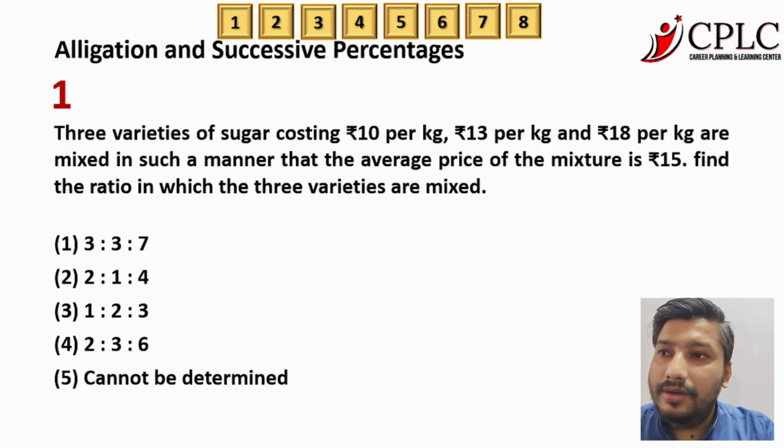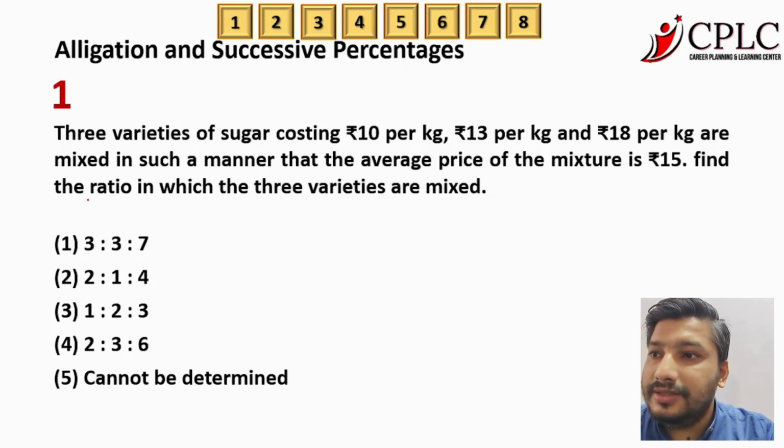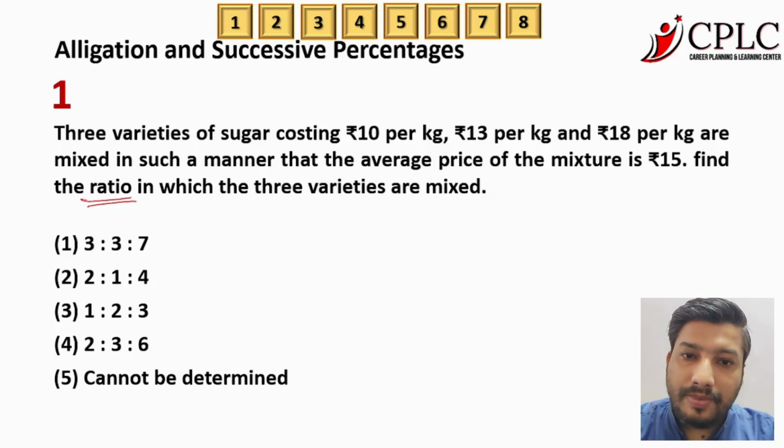So obviously the prices of the three varieties that we are supposed to mix have been given to us, and the average price is also given, and we have to find out the mixing ratio. So obviously we are supposed to use the alligation part, but right now we have more than two varieties. Now how do we solve this? So let's use weighted average.